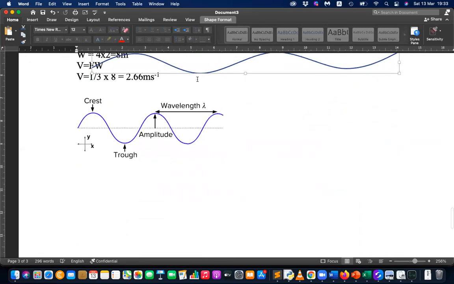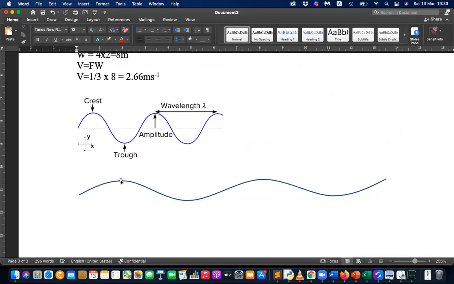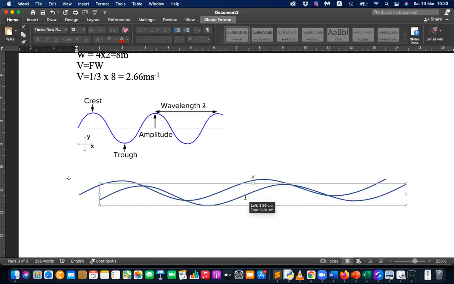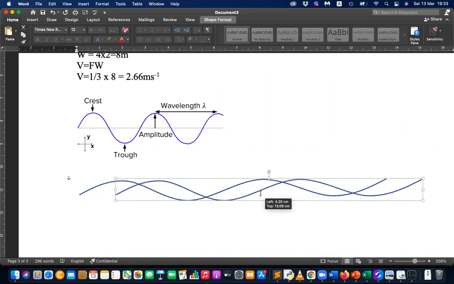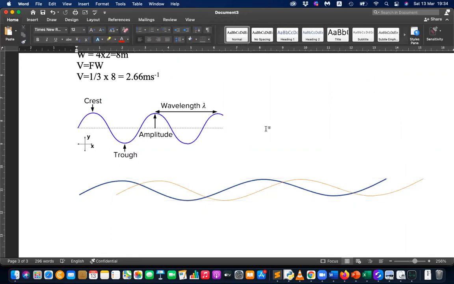The gap from here to here is 360 degrees. So if there's another wave like this, this is the second wave. Let me change the color of the second wave. That is the orange color wave.